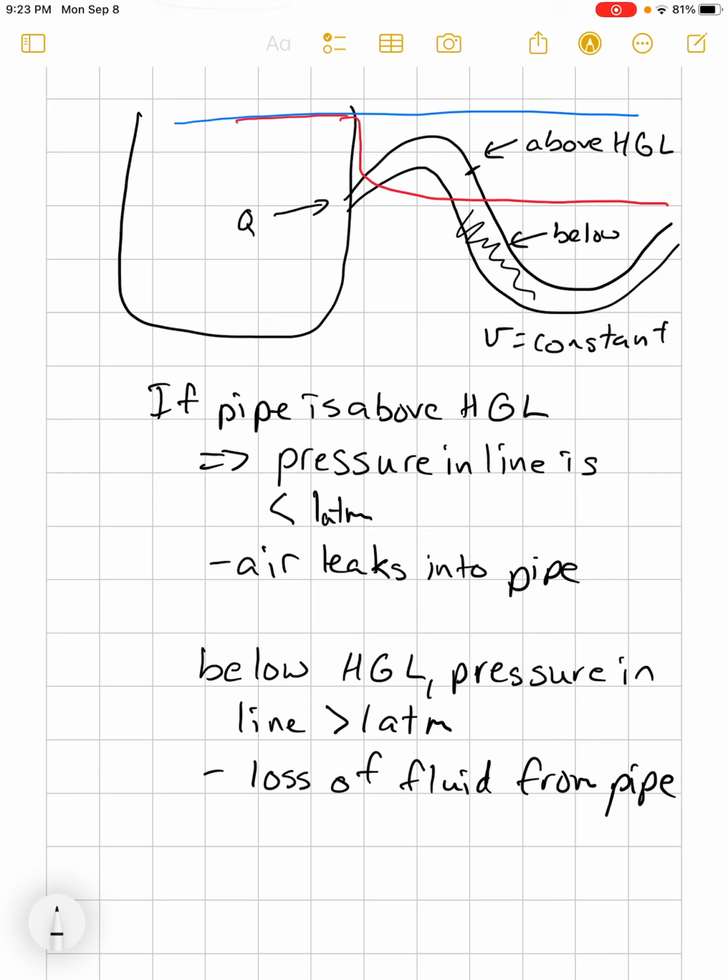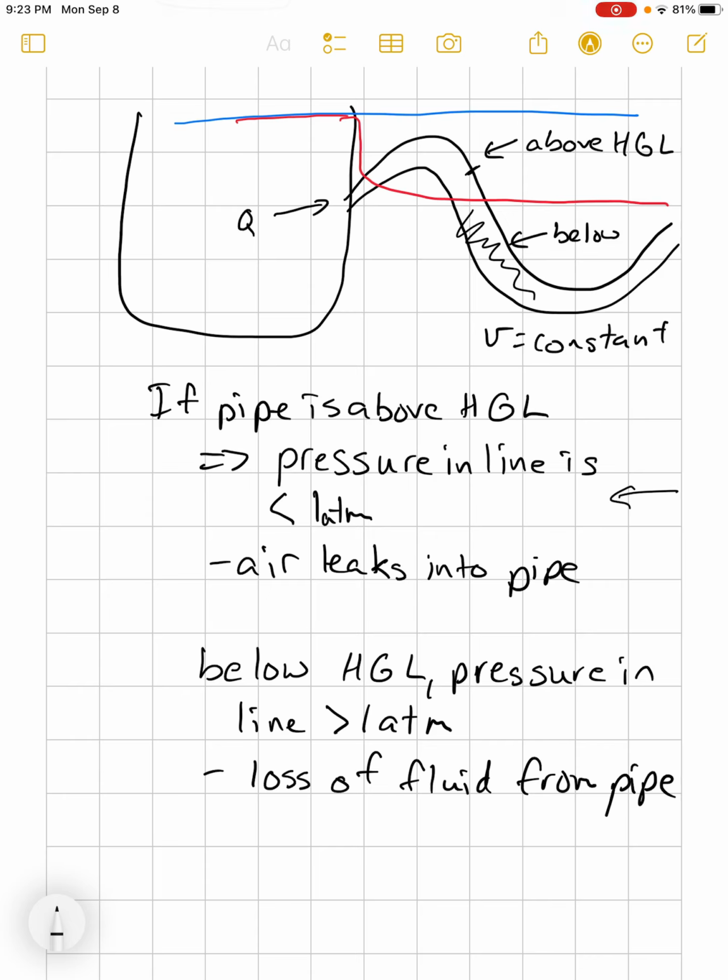So it's very important to think about where the hydraulic grade line is and how that compares with the placement of the pipe. Why is this important? In some cases, a leak with, for instance, oxygen might be very bad if you've got a fluid that's easily combustible.